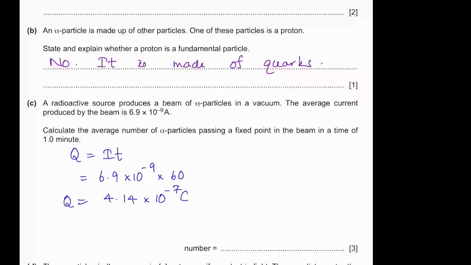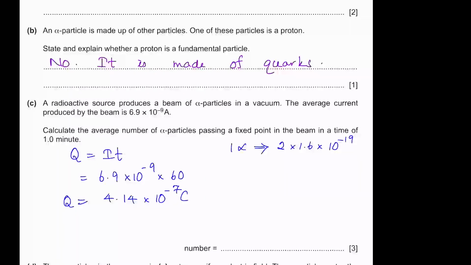I want to see how many alpha particles are passing. If you take one alpha particle, it consists of 2 protons and 2 neutrons. The 2 neutrons don't have a charge. So the charge of an alpha particle will be 2 times the charge of a proton, which is 1.6 × 10^-19.